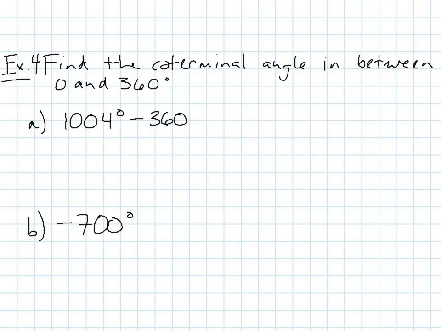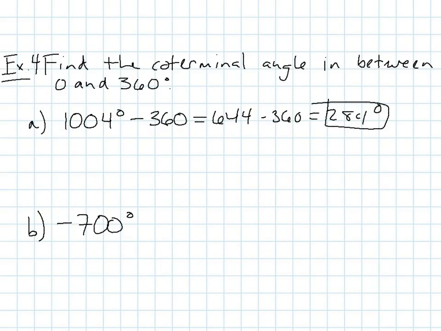So for 1004 minus 360, that gets me 644. If I do it again, that gets me 284, which is in between 0 and 360. So I can stop and say that my coterminal angle in between 0 and 360 is 284 degrees.